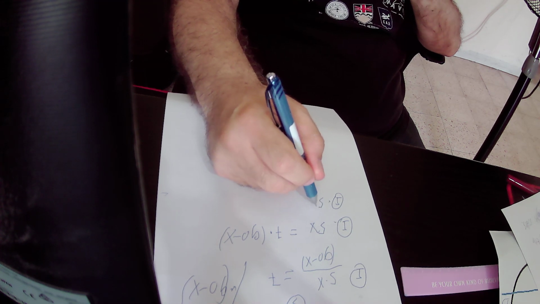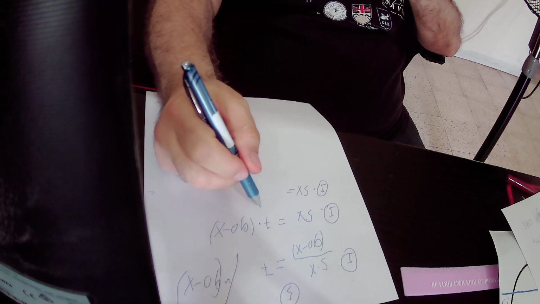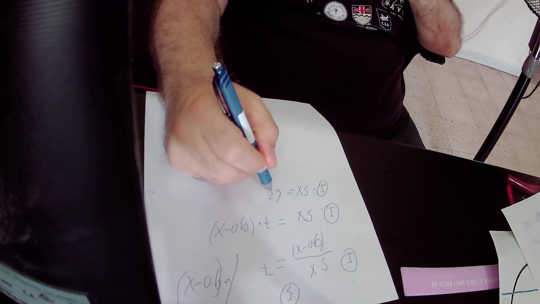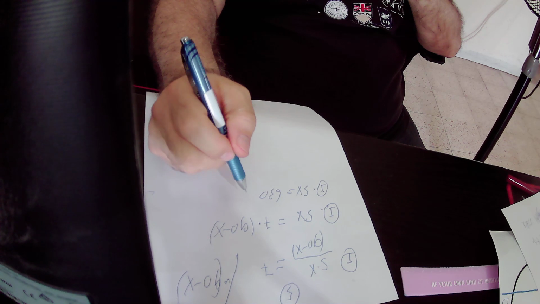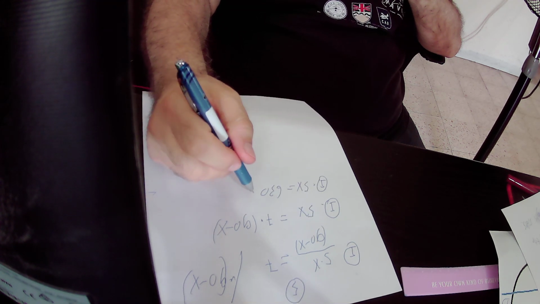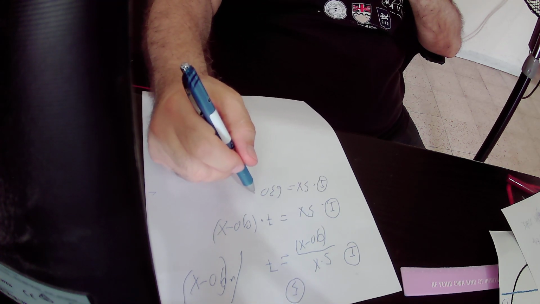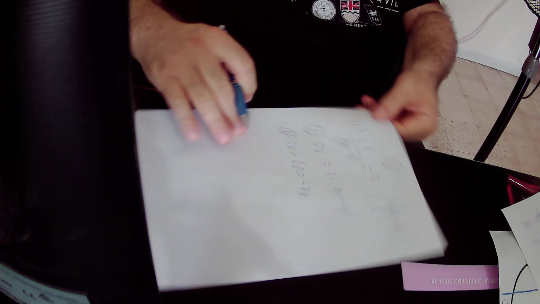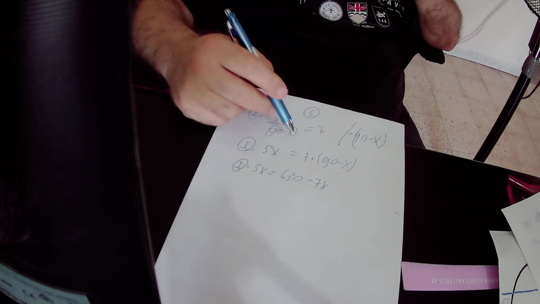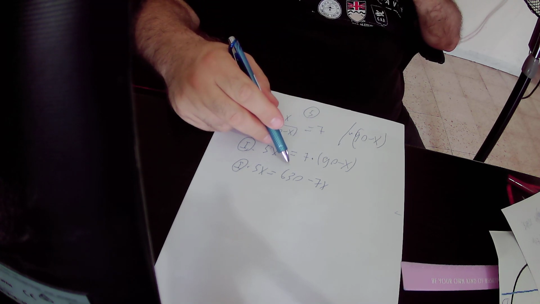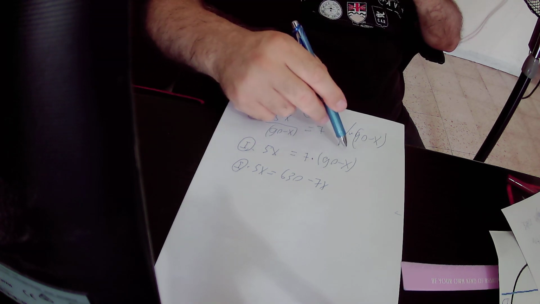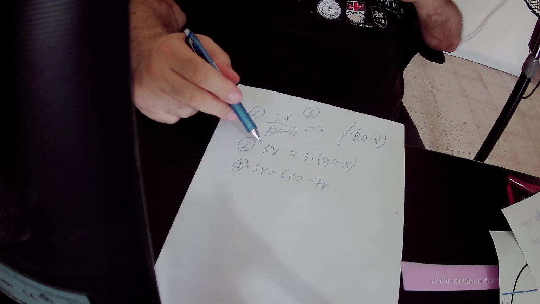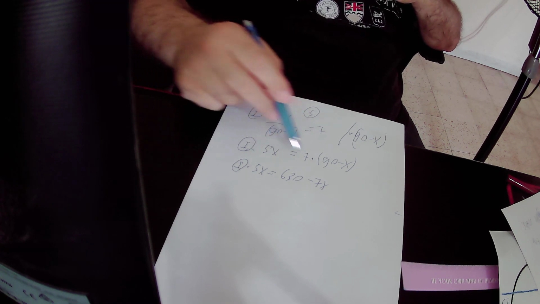We get 5x equals 7 times 90, which is 630, and 7 times minus x equals minus 7x. Now we will add 7x to both sides of the equation.